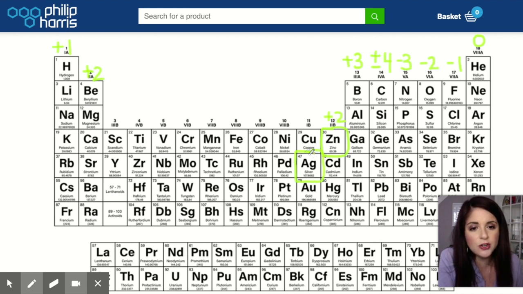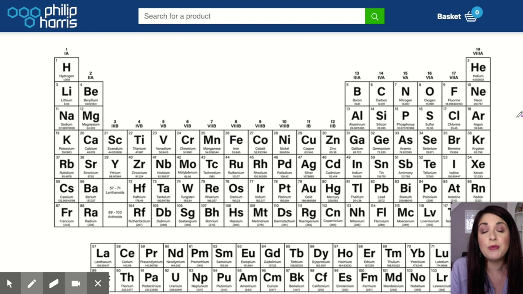Silver's only charge, just put an arrow here, is +1. A lot of these other ones you'll see have more than one charge. Like I said, you don't have to memorize them, but just recognize that they have more than one charge. Now that we've done all of this together, let's go ahead and do some examples.